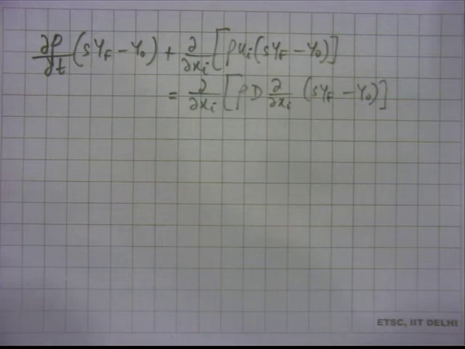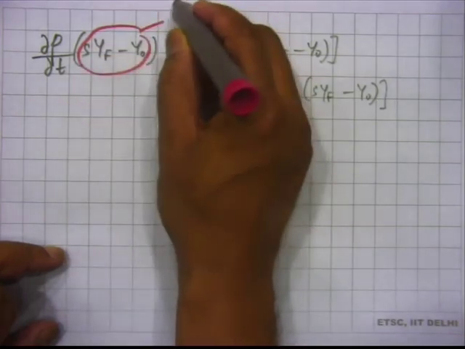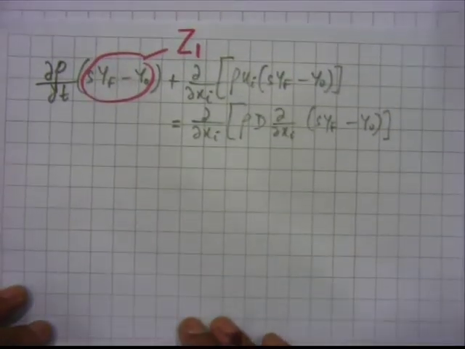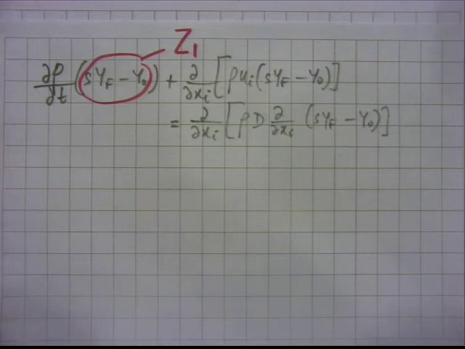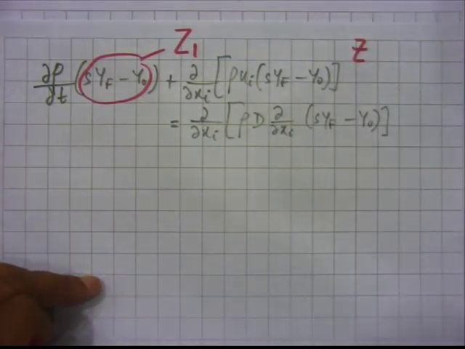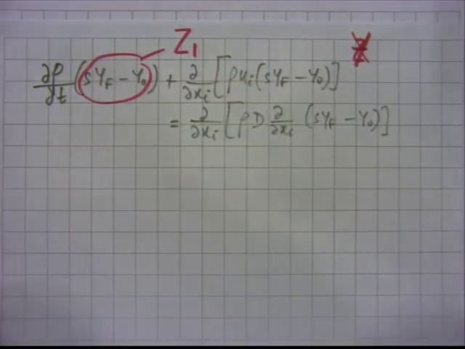So this is the equation that we have, right. The source terms have dropped out, and we will give it a name. This SYF minus YO, we will call this Z1. Now this is a capital Z, and unlike the way I usually write Z, crossing the middle, here I will not do this because I want to save that crossing the middle for something else.